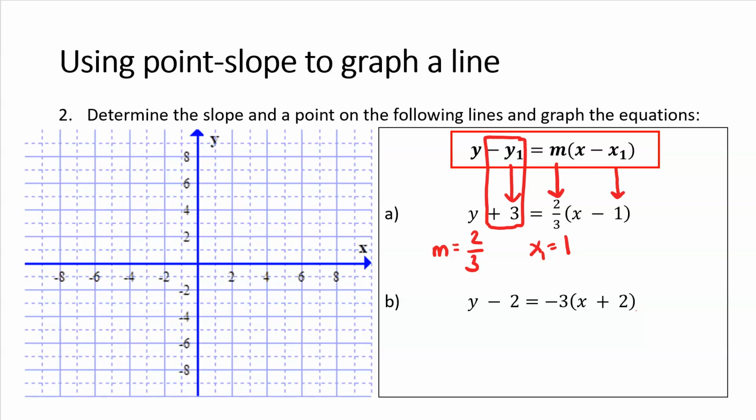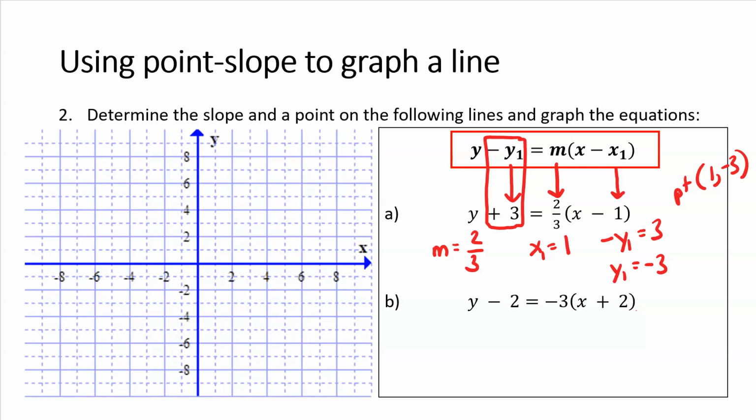So I'll write this explicitly for now, but we'll do it faster later. If negative y1 equals 3, multiply both sides by negative 1, and you'll have y1 equals negative 3. Therefore, the point that we have listed in that equation is a point with an x value of 1 and a y value of -3.